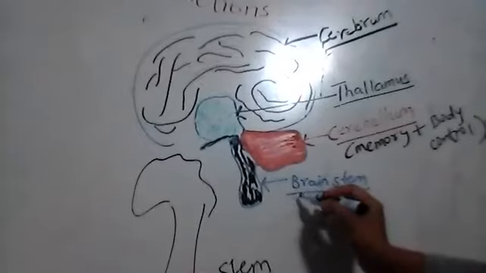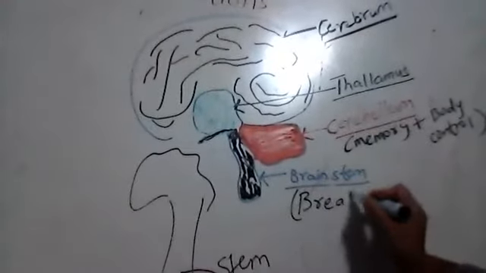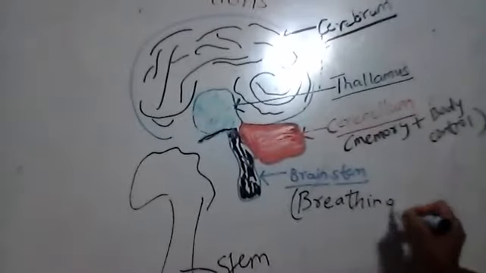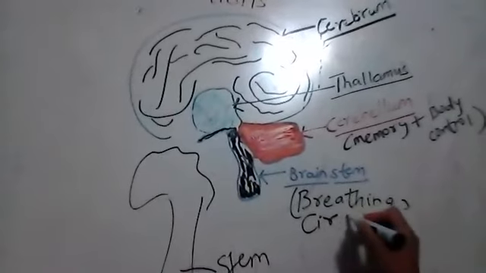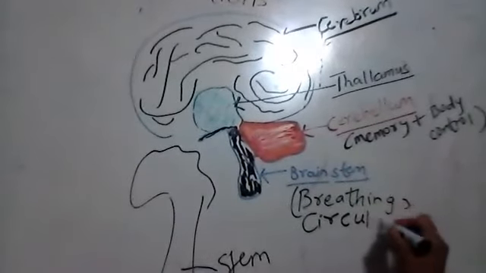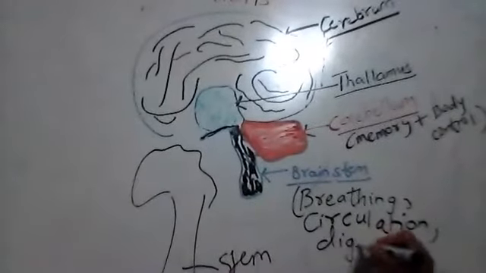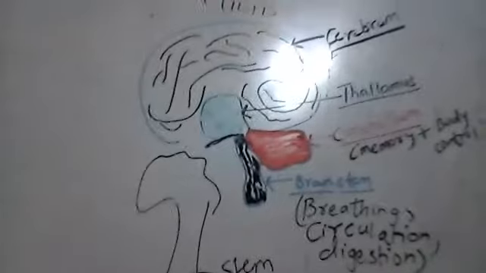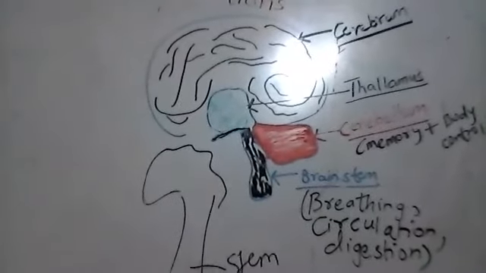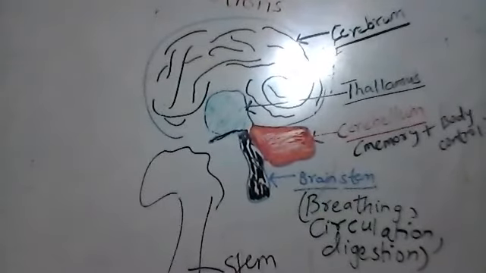It is involved in major functions like breathing, then circulation, and digestion. So how food is digested in your body, how once food passes from your mouth, it comes through the esophagus and goes all the way to your stomach.